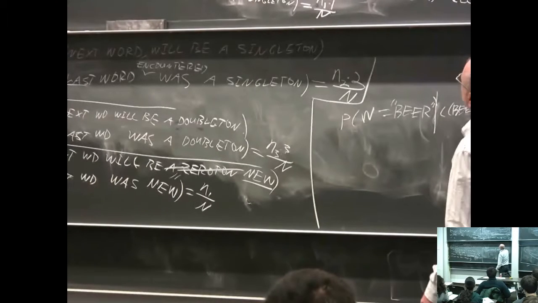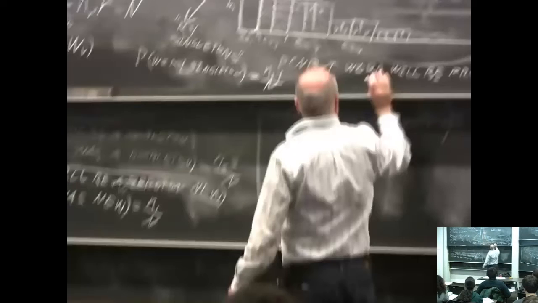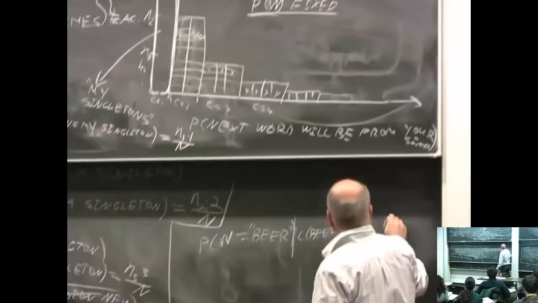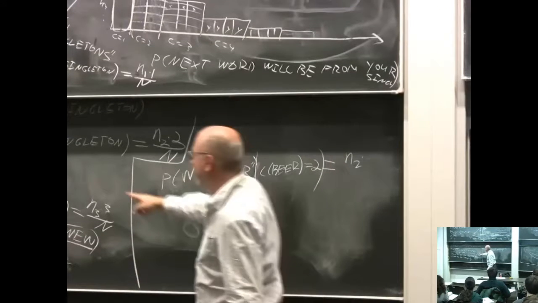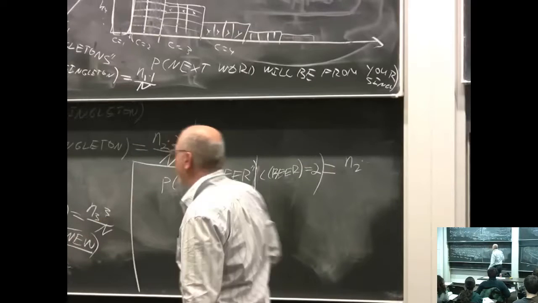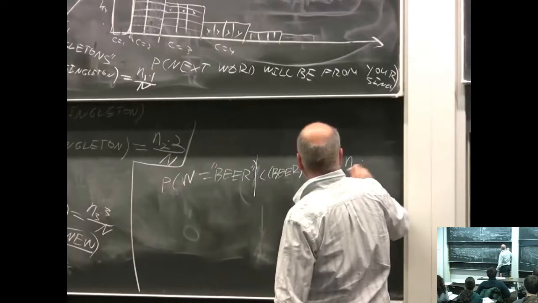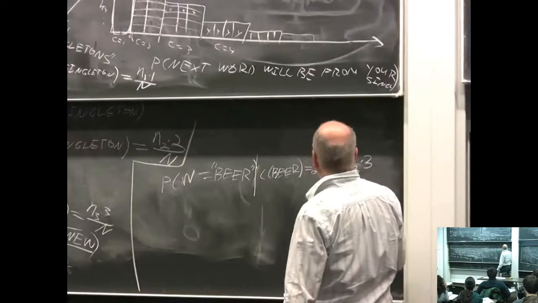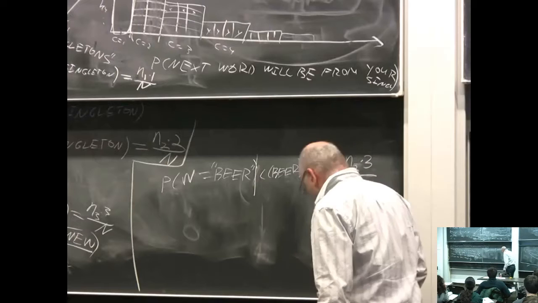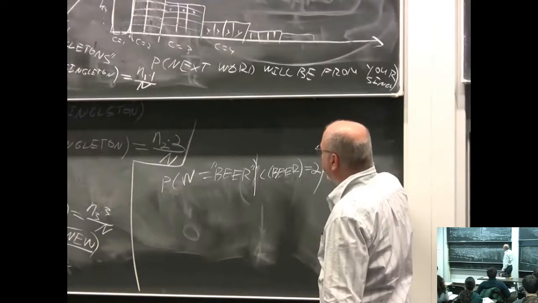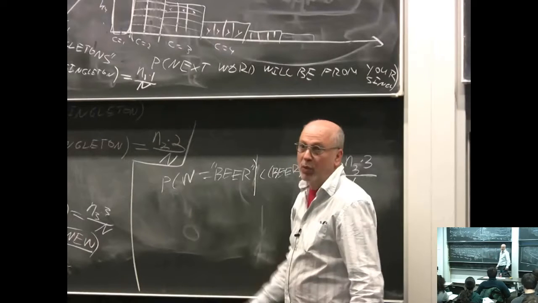I already said that the probability the next word would be one of these words is n choose 2. Sorry, doubleton would come from the tripleton, so it's n choose 3 times 3 divided by n. That was the probability that the next word would be any word that was seen twice.